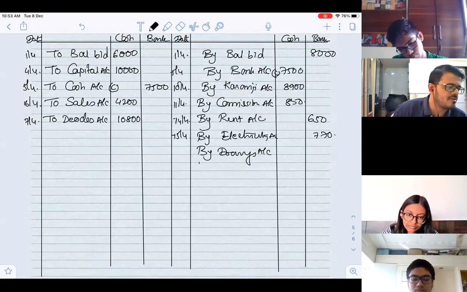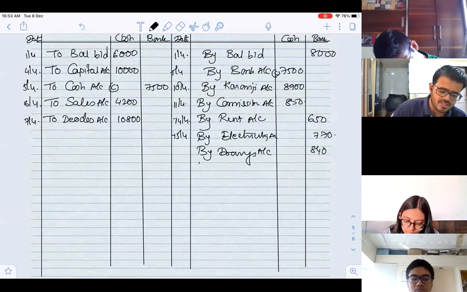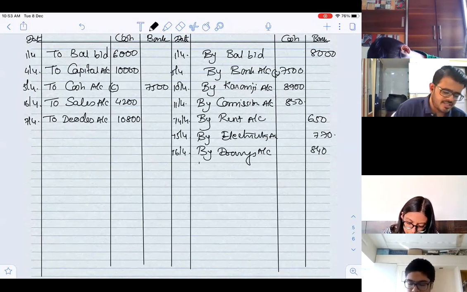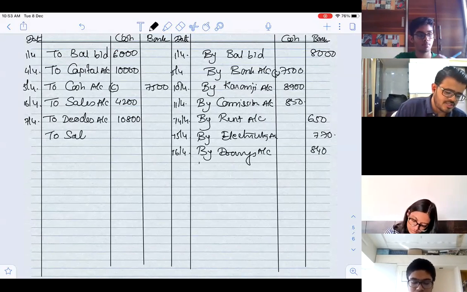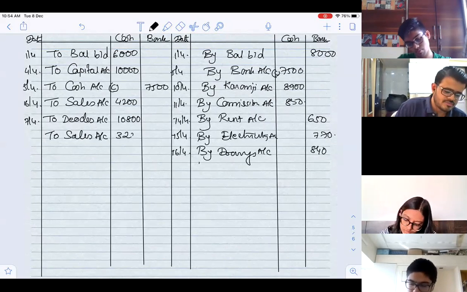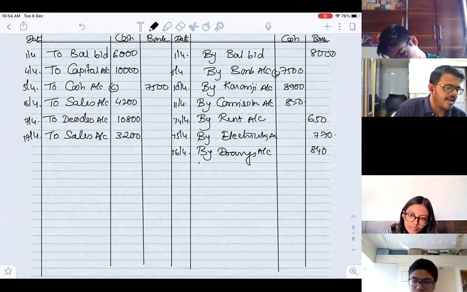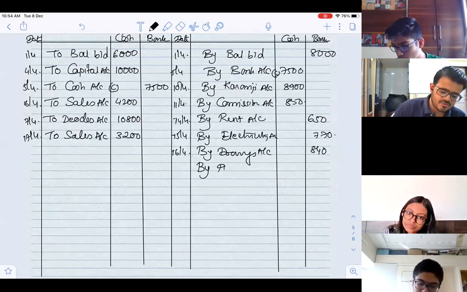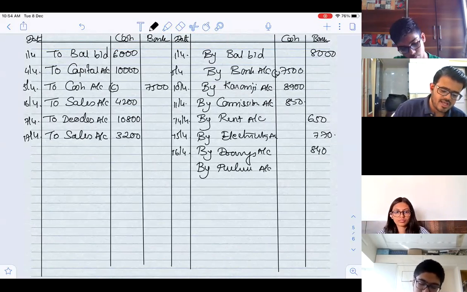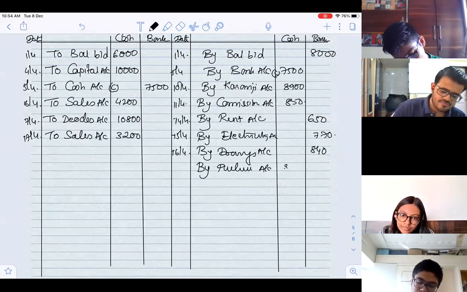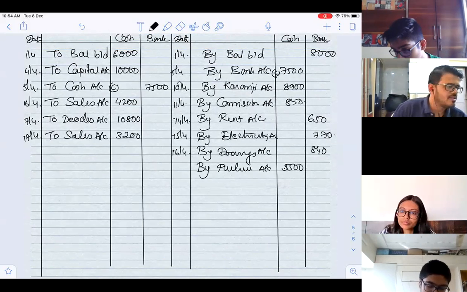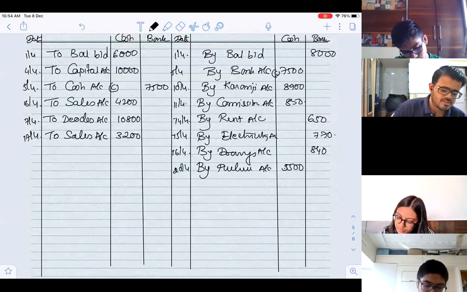Drew a check means bank column 840. 840 in the bank column. Cash sales again. So two sales. Cash column 3,200. This is on 17. Cash purchase. So purchase to cash. So by purchase, cash column 5,500. This is on 20th.